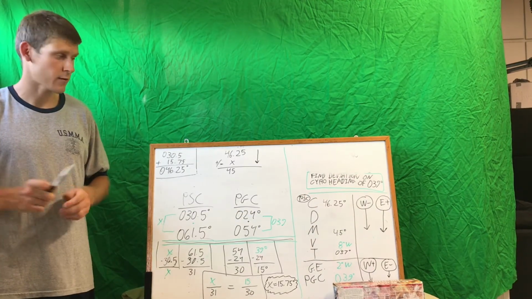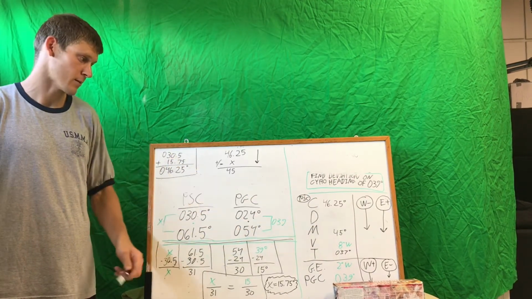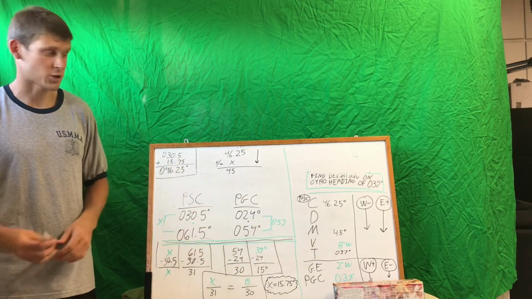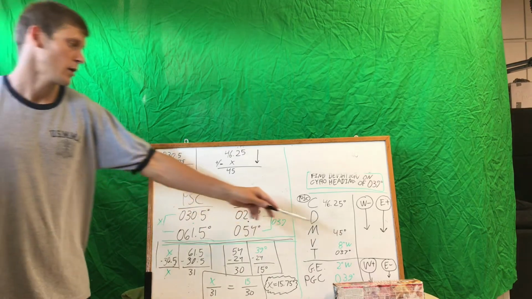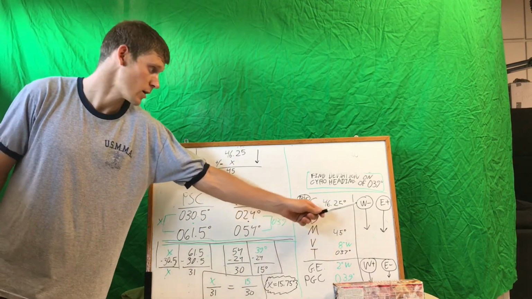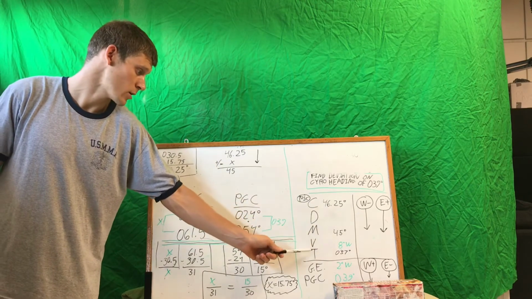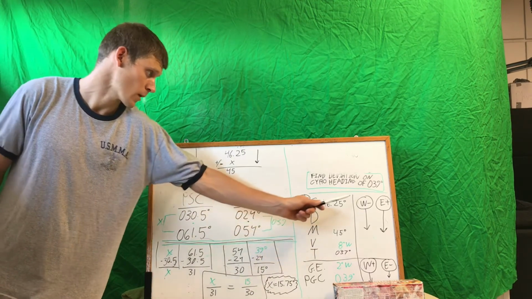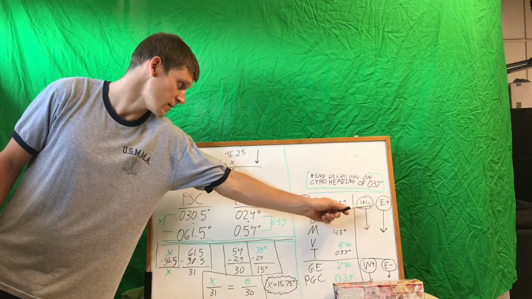So now that we have our per standard magnetic compass and we have our magnetic compass, we can find our deviation. So remember, when you subtract degrees, in the first 5 acronyms, west is minus, east is plus.